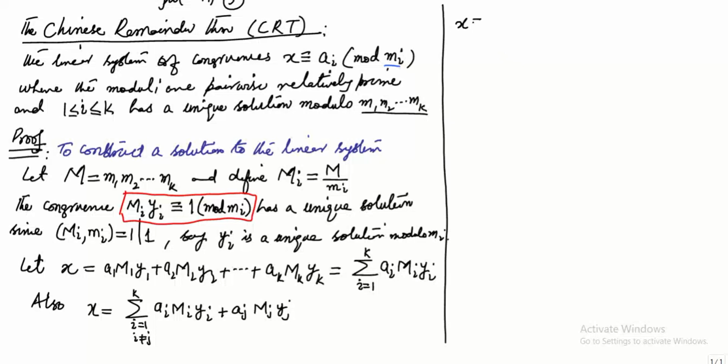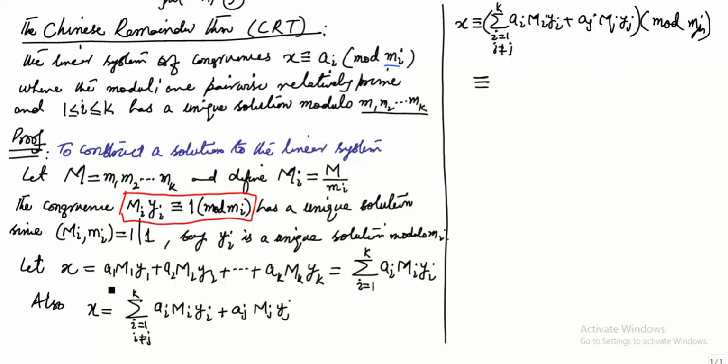So x is congruent to the sum of all values, i from 1 to k, ai Mi yi with i not equal to j, plus aj Mj yj, modulo mj, because we are taking j here.